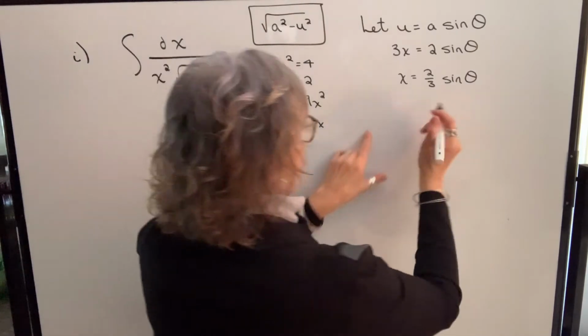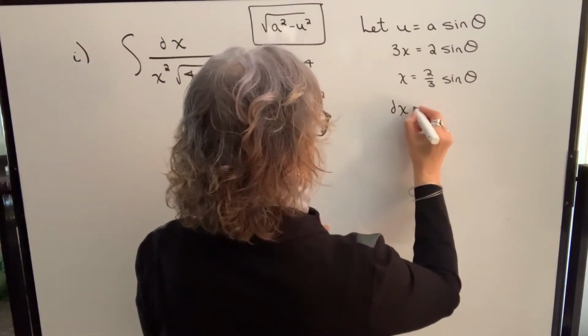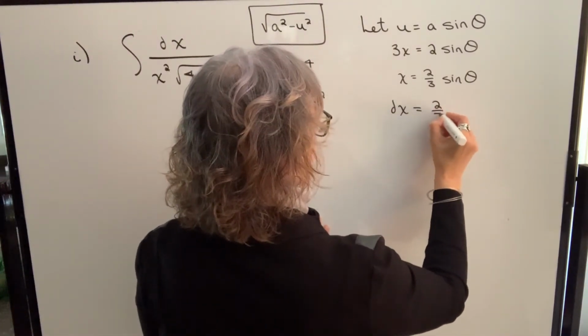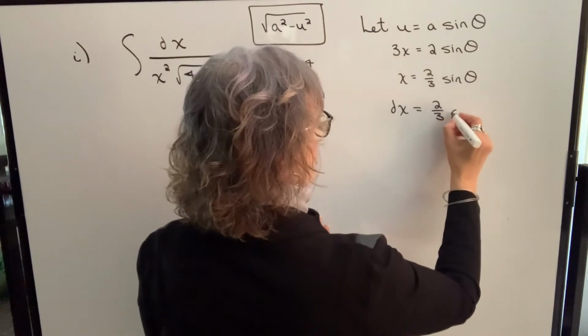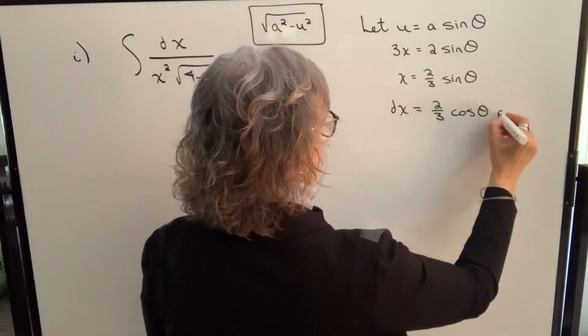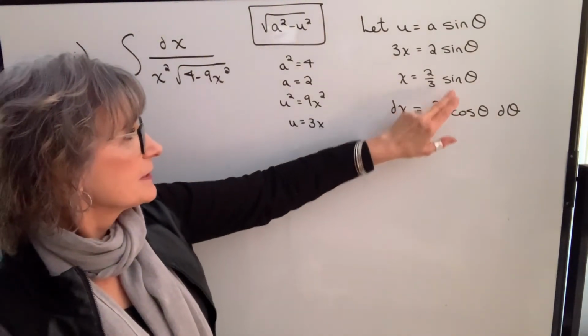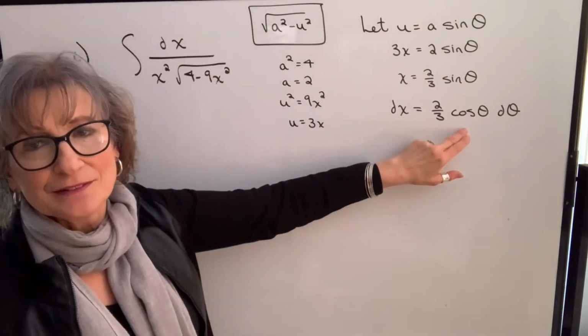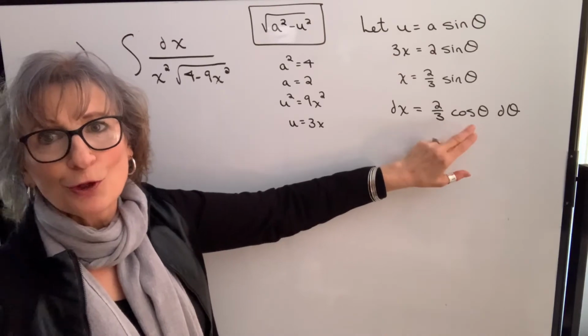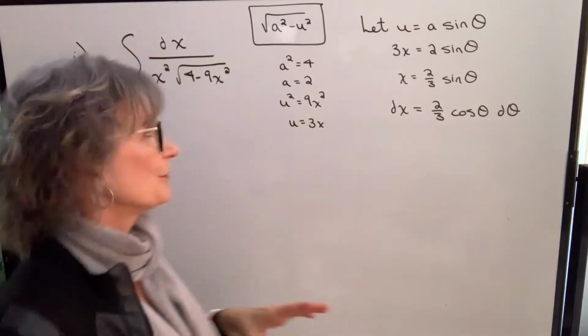So we differentiate this. We take the differential of x. It will be 2/3 times the derivative of sine of theta, which is cos of theta, d theta. So replace my x's with this and dx with this. It's going to look a lot uglier before it looks better, so just stick with me.